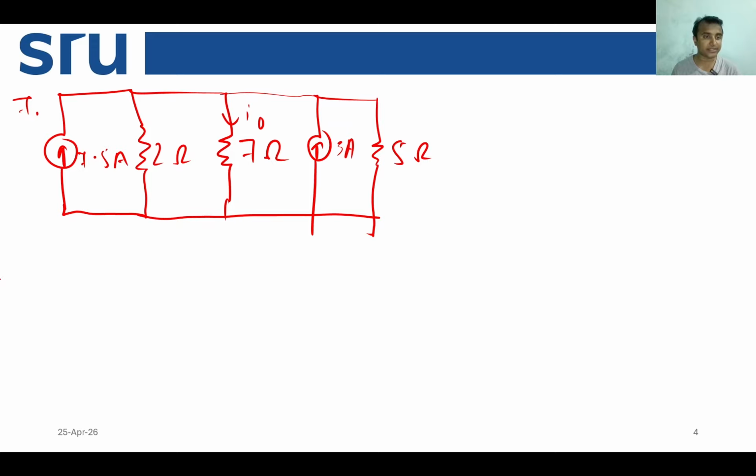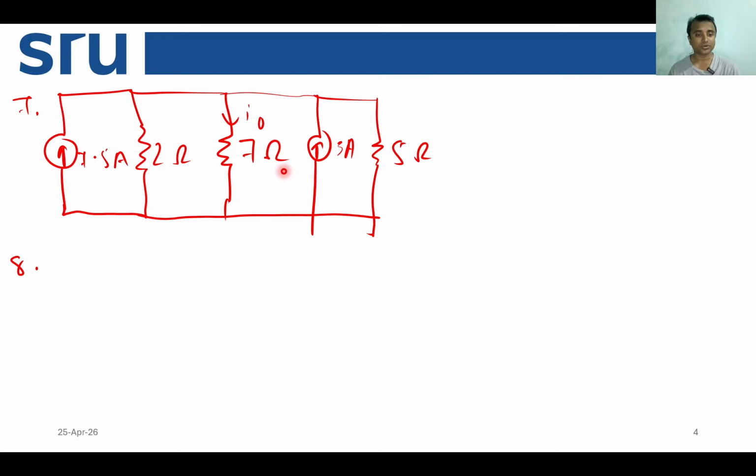Now you can see that this is a parallel circuit. So number 8. All terminals you see here are connected at the same terminal, so they are actually connected in parallel. So we can swap between any two elements.